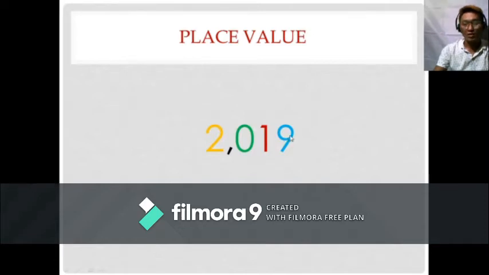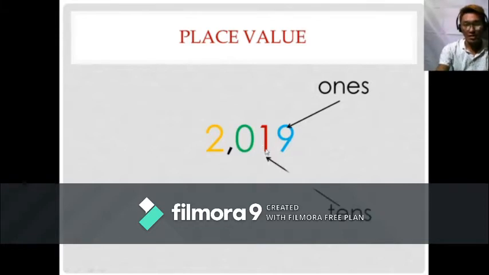Okay, did you get it? Very good. Now what is the place value of 9? The place value of 9 is ones. Next, how about the number 1, the red one? That is tens. Next, how about the green 0? That is hundreds.